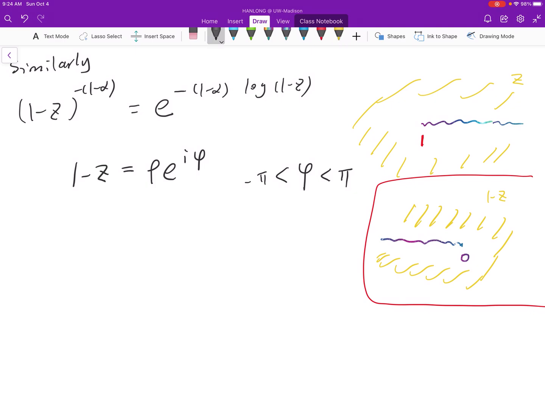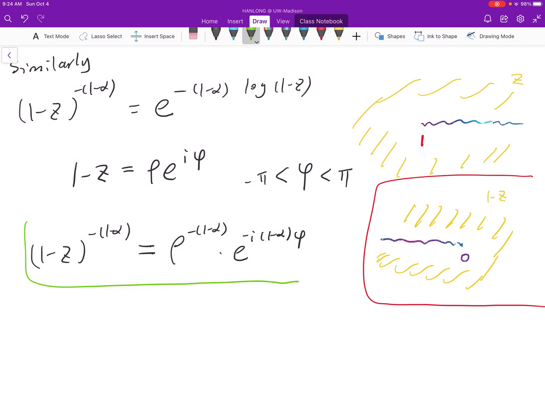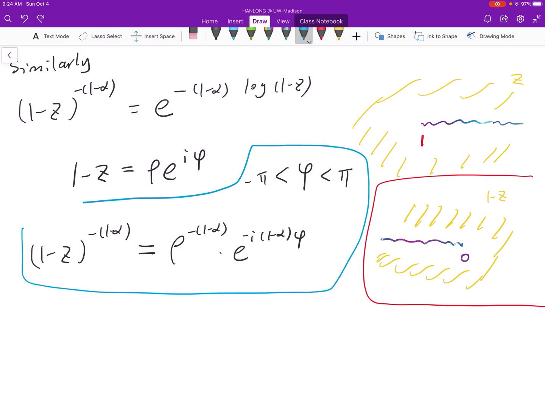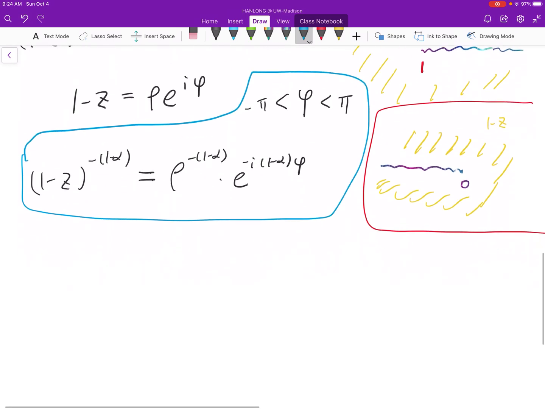Okay, then 1 minus z to the negative 1 minus alpha power is given by rho to the negative 1 minus alpha times exponential of negative i times 1 minus alpha times phi, and of course phi is between negative pi and pi. Okay, so this is the first step.